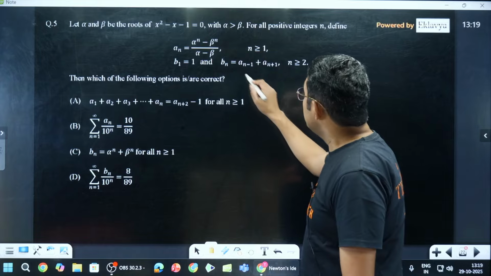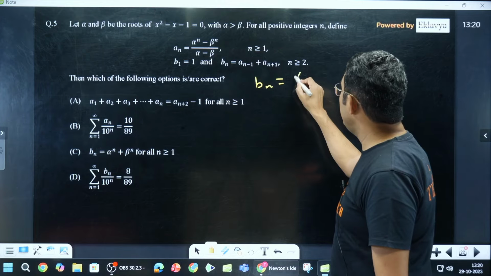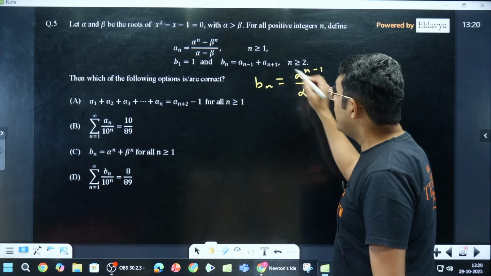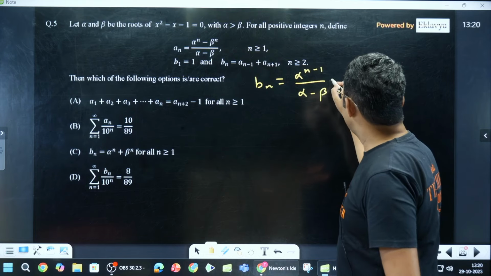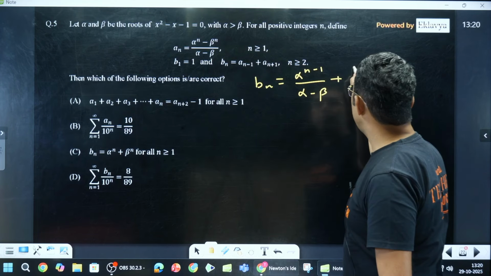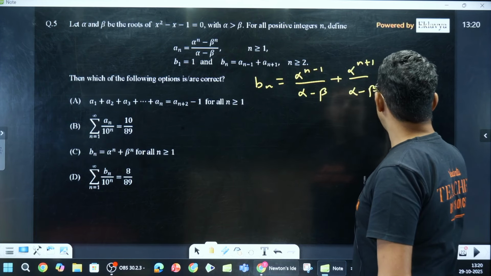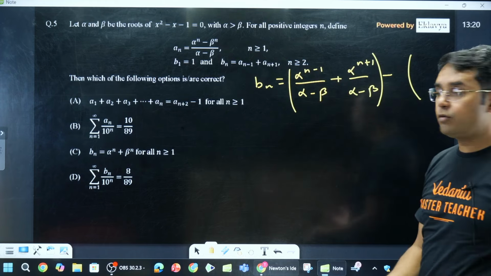Here Bn, they have given an minus 1, that will be alpha power n minus 1 upon alpha minus beta. I am only writing the alpha term, the beta term will be similar. Plus an plus 1 will be alpha power n plus 1 upon alpha minus beta, minus the same calculation for beta also.